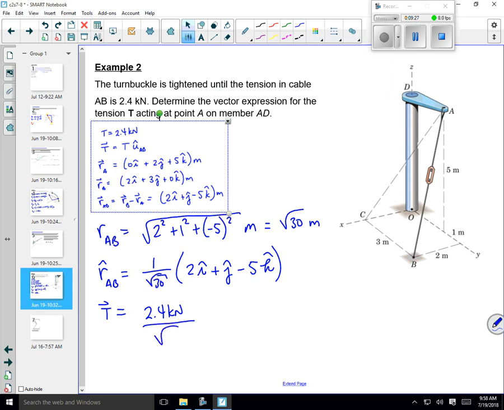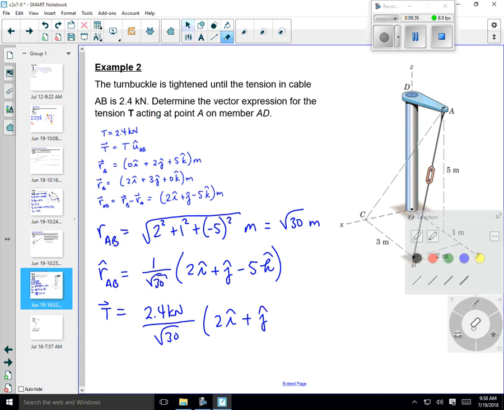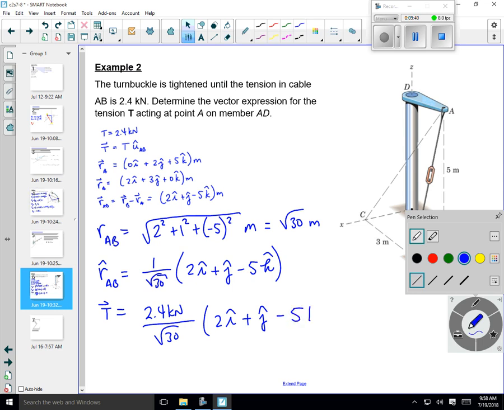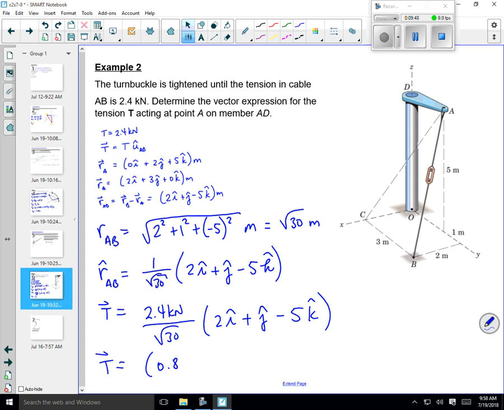So, 2.4 divided by the square root of 30 times 2i plus j minus 5k hat. Now we calculate all those numbers and we get 0.876 i hat, and so on, and that's in kilonewtons.